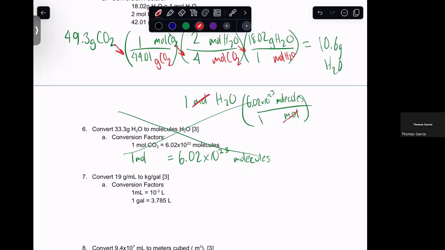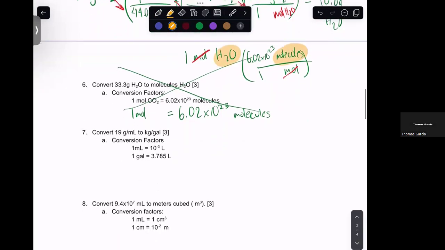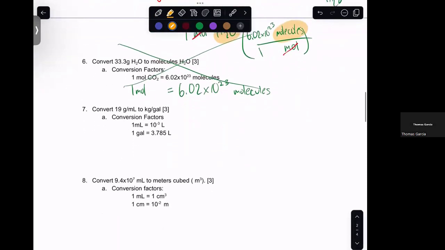And then we end up with molecules of H2O as the remaining units. So I screwed that one up, so I just removed it from the test. The answer would have been something like 1.11 times 10 to the 24th molecules H2O. So if you want to go back and try that one, now that you have this conversion here, give it a shot.